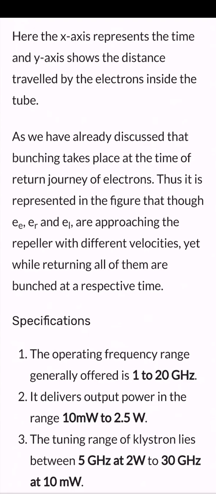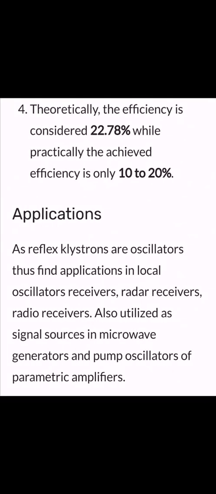The tuning range of klystron lies between 5 GHz to 5 GHz at 2 watt and 30 GHz at 10 mW. Theoretically, the efficiency is considered to be 22.78%, while practically the achieved efficiency is only 10 to 20%.